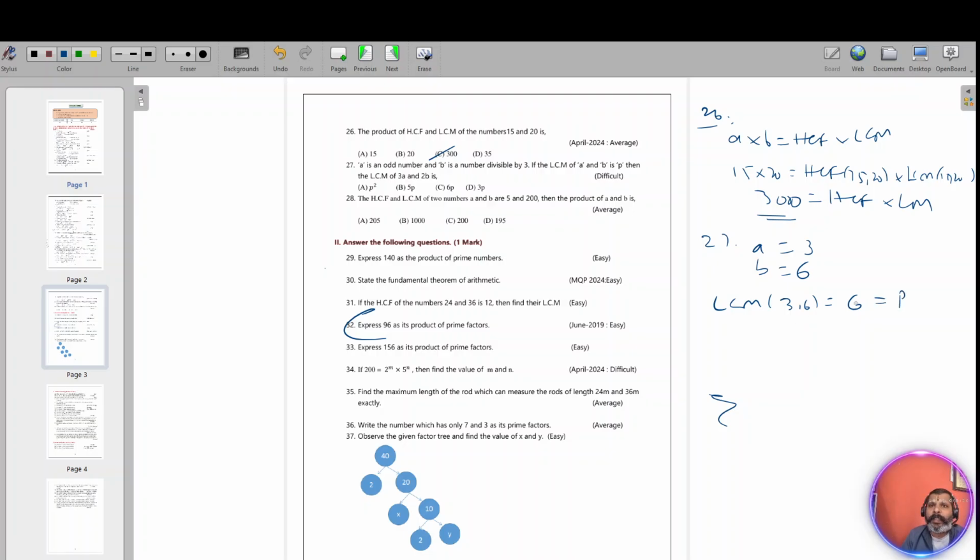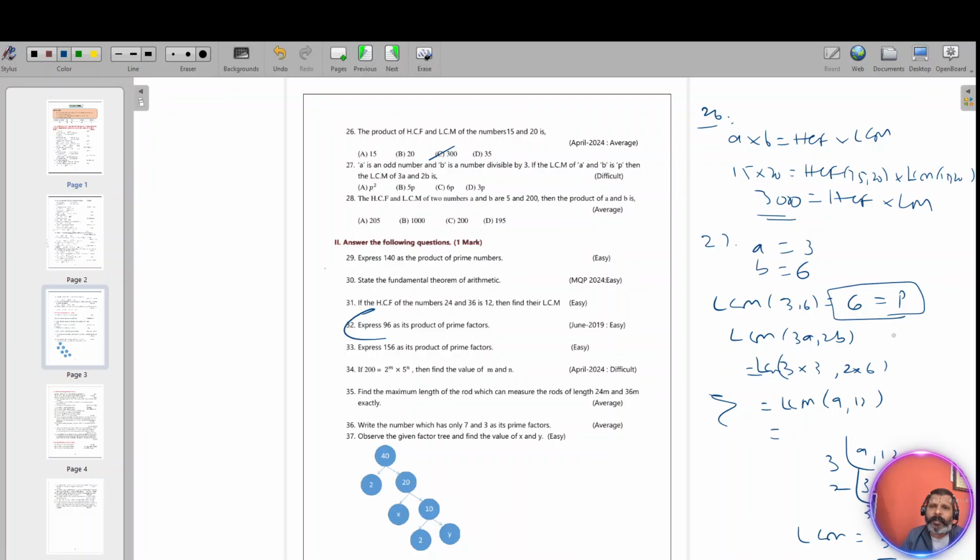That is P, they said, right? Then LCM of 3A comma 2B. What is 3A? 3 into 3, 9. 2B means 2 into 6, 12. That is LCM of 9 comma 12. You have to take the LCM: 3 threes are 9, 3 fours are 12, so LCM becomes 36. So that means your P is 6, and LCM of 3A, 2B has come 36.